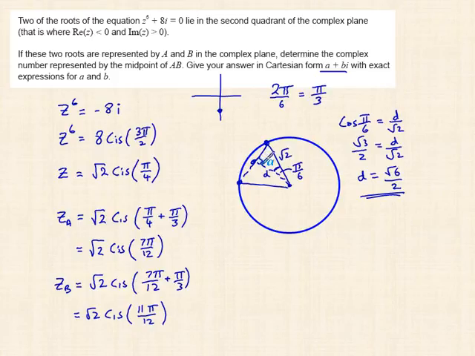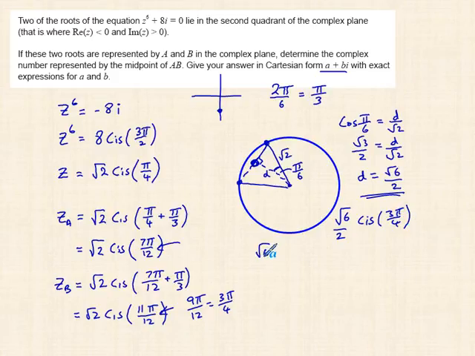Now, it's clear that this point is halfway between these two angles. So at 9 pi by 12, or 3 pi by 4. So this point that we're after has polar form root 6 over 2 cis 3 pi by 4.